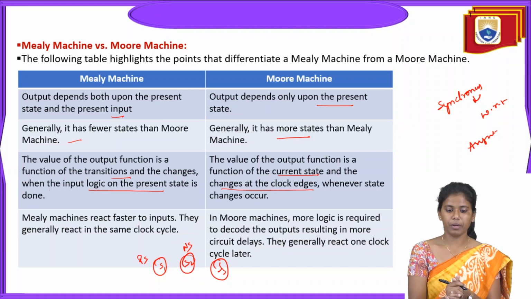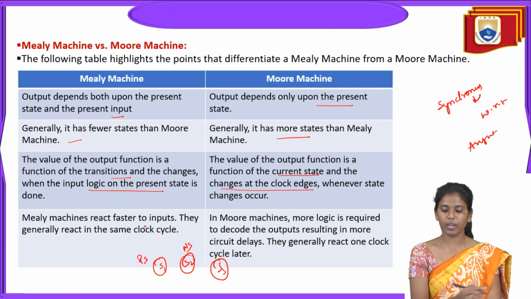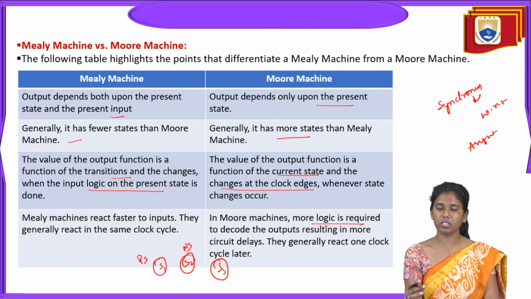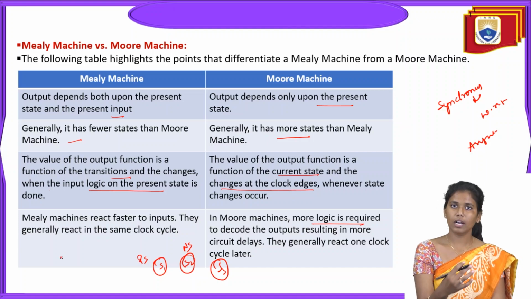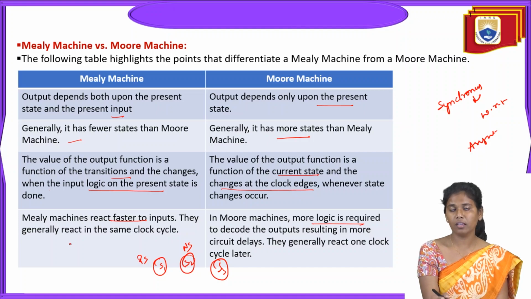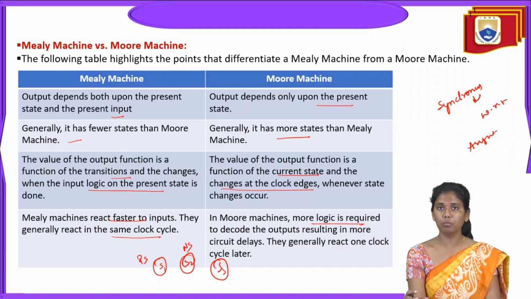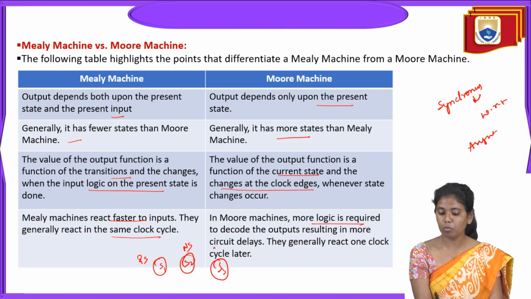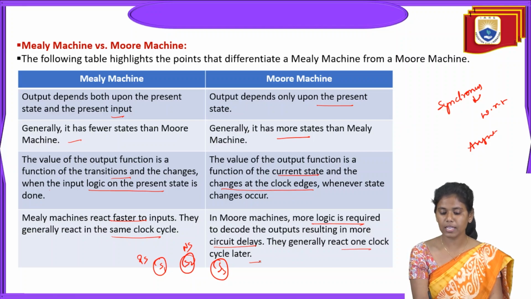Mealy machines react faster to inputs, whereas Moore machines decode them. More logic is required for Moore machines, whereas Mealy machines are simple to construct and also faster. Mealy machines generally react to the same clock pulse, whereas Moore machines require more circuit delays and generally react one clock cycle later.